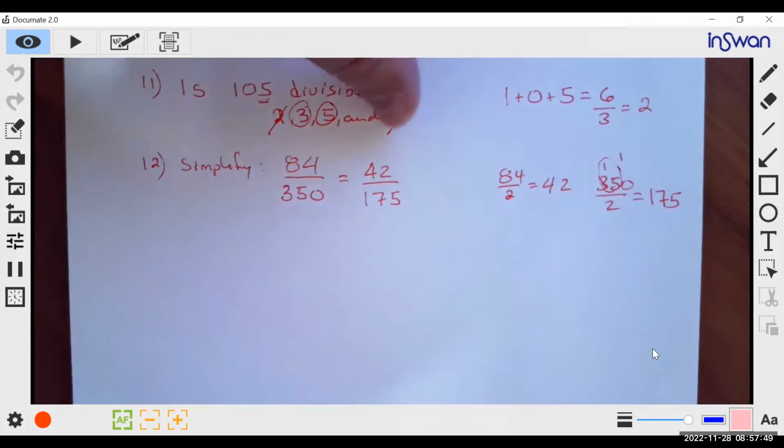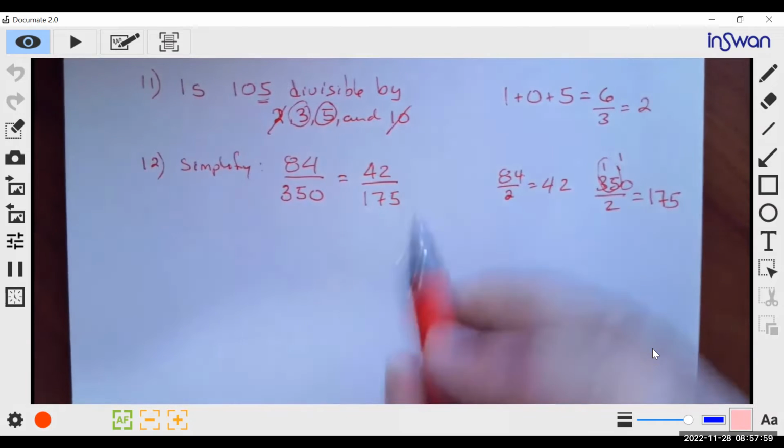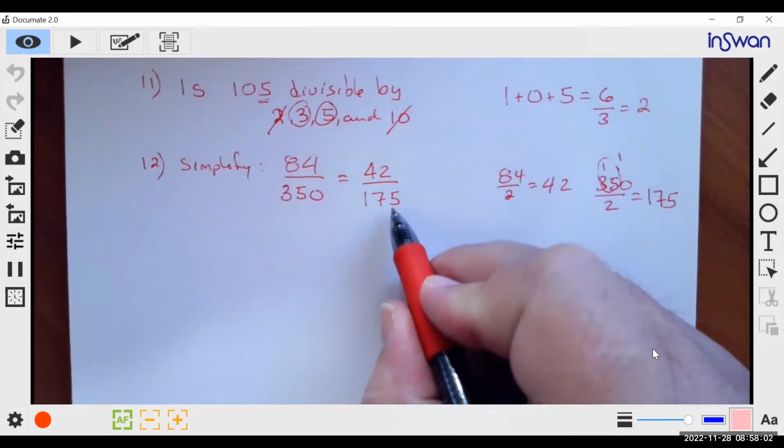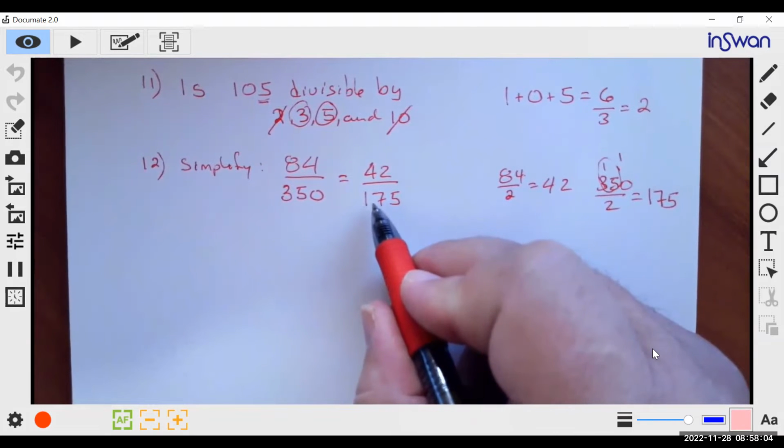Now, are they divisible by 2 again? No. Are they divisible by 3? 7 plus 5 is 12, plus 1 is 13. 13 is not divisible by 3, so no.